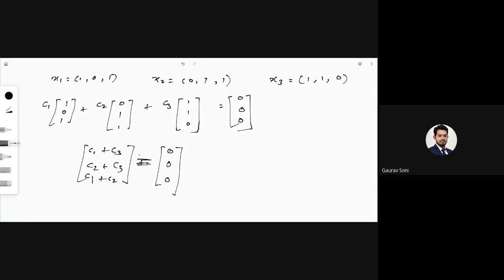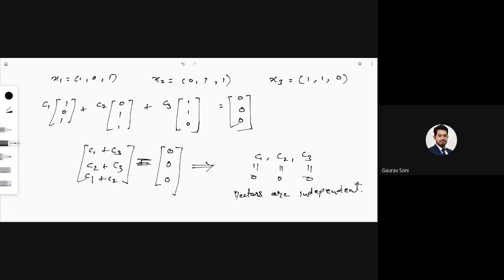Now I have a system of equations. I can solve this by writing an augmented matrix, and I will get the values C1, C2, C3. If C1 is equal to 0, C2 is equal to 0, C3 is equal to 0, I will declare the vectors are independent. If it turns out that they are not all 0, and I am getting infinitely many solutions, then I will declare that the vectors are dependent.